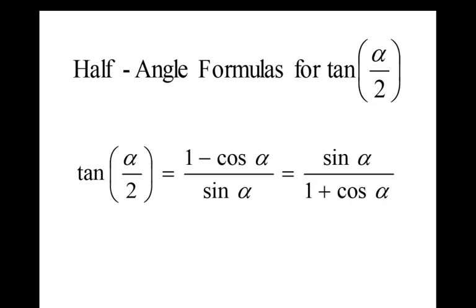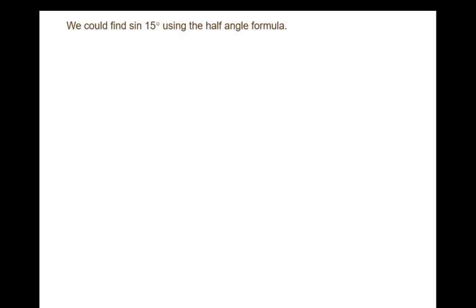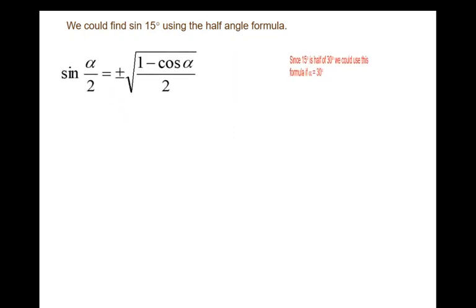The half angles, this one we've done when we verified. I actually gave you one of these problems where we had to verify that these two were equivalent. You just didn't know that that's what we were doing. But the half angle formula itself is pretty interesting. You can find the sine of 15 degrees using the half angle formula, because we all know that 15 degrees is half of 30 degrees.